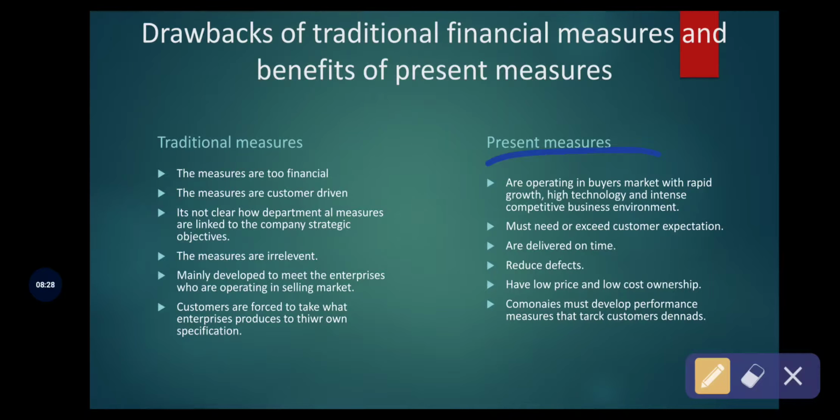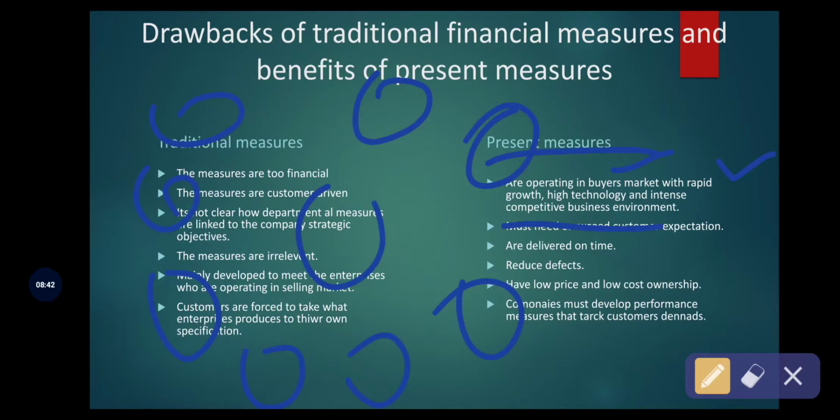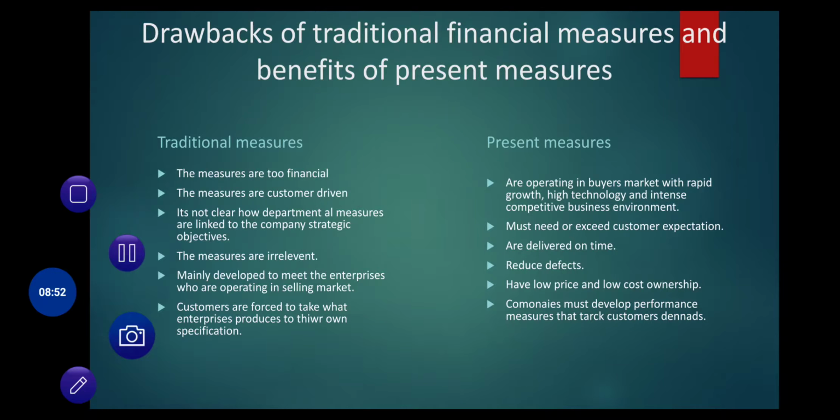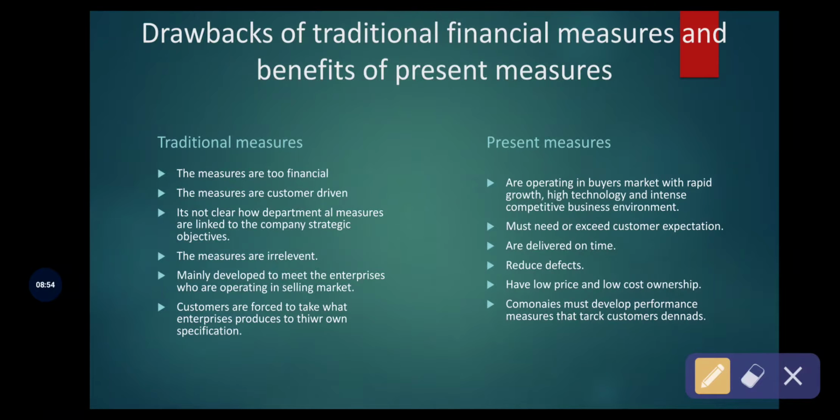So it is the combination of a buyer market with rapid growth, that is, with rapid technology and a competitive business environment. So there are many competitors who are in the race of bringing good quality products in order to satisfy their customers with the latest technology. So the people who are concentrated on here are the customers only.